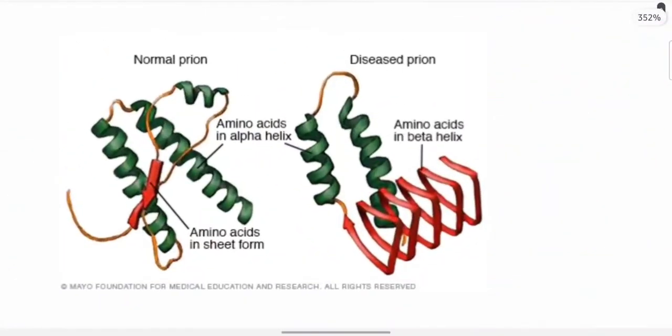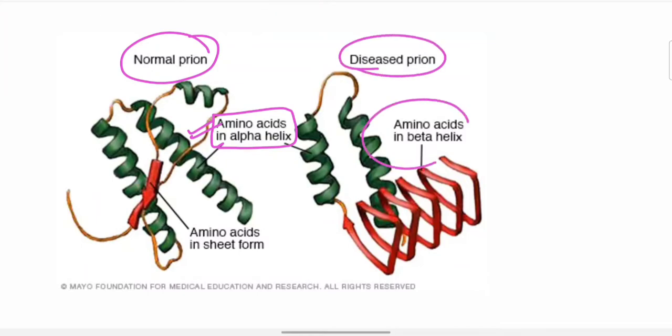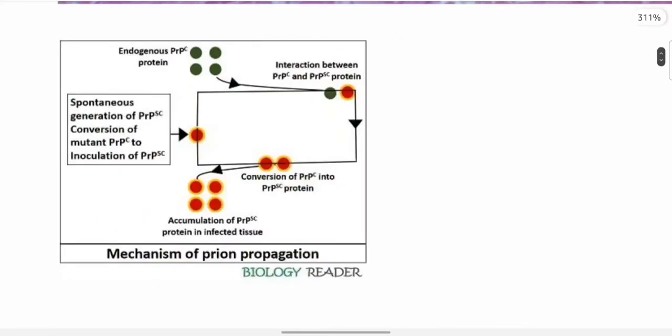This is the structure of the normal prion protein. Normal prion protein has an alpha helical structure, and this is the disease prion protein, which has the beta sheet. Once PrPSc is formed from PrPC by any mechanism, there will be spontaneous generation of PrPSc from PrPC, and accumulation of the protein in the infective tissue occurs.